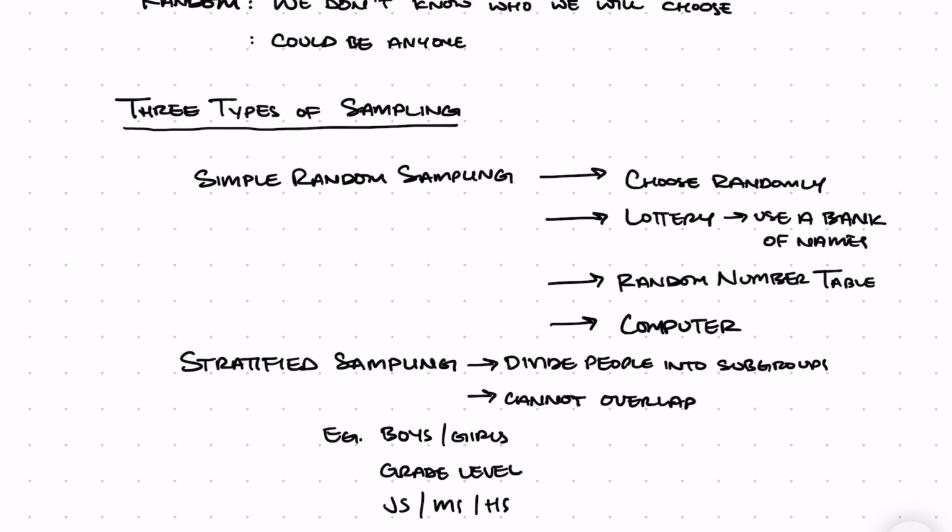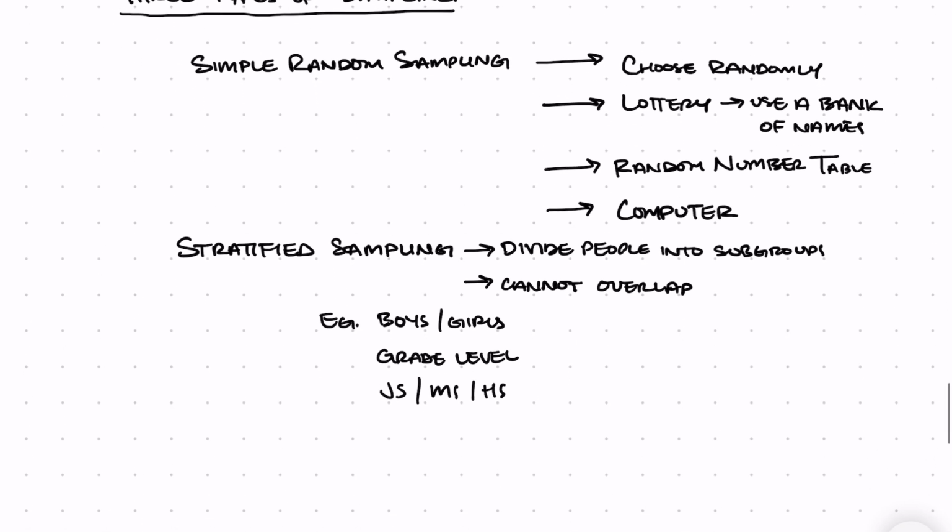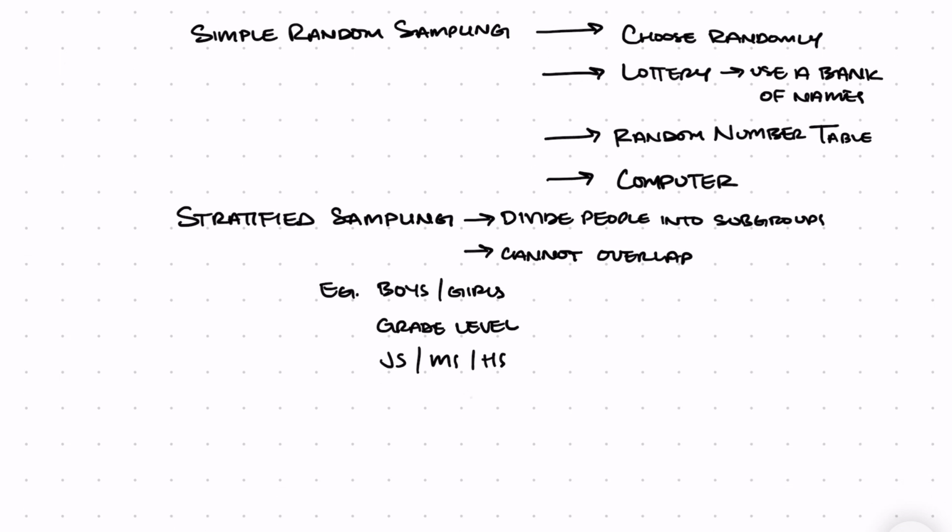Now what you do is divide them into those subgroups first, and after you're done, you choose certain amounts of people from each.